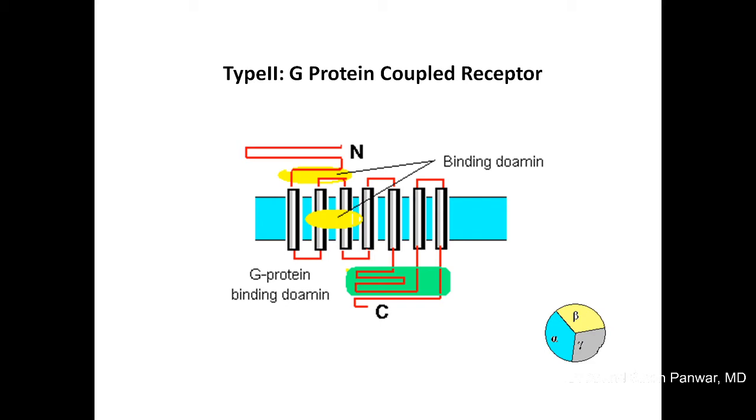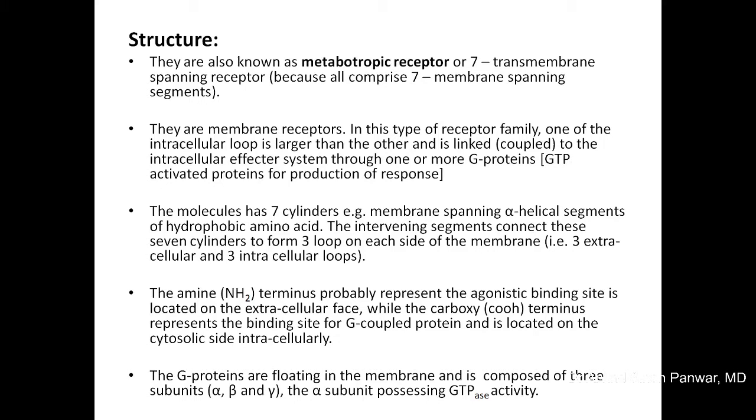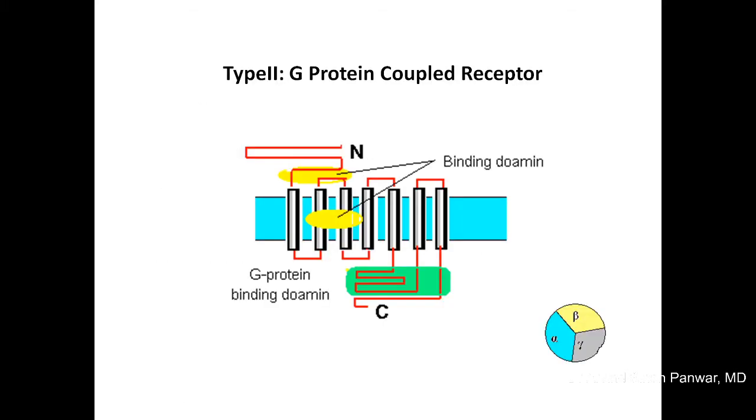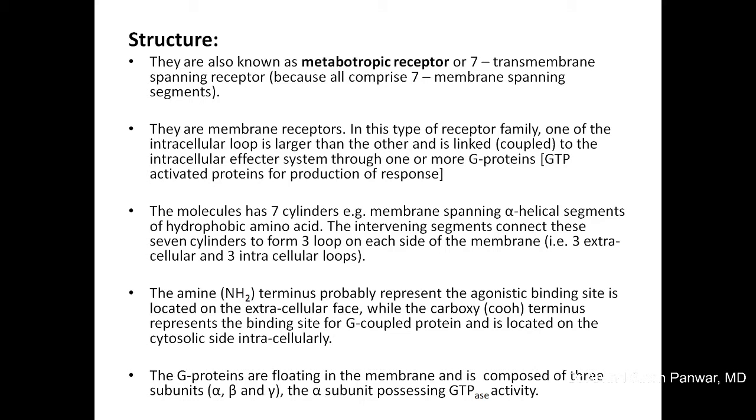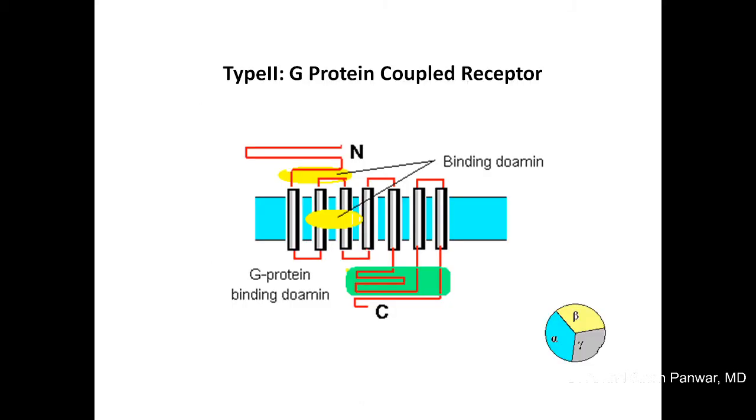You can see it clearly in the diagram. The amine, NH2 terminus probably represents the agonist binding site and is located on the extracellular face, while the carboxy, COOH terminus, represents the binding site for the G protein and is located on the cytosolic side intracellularly.